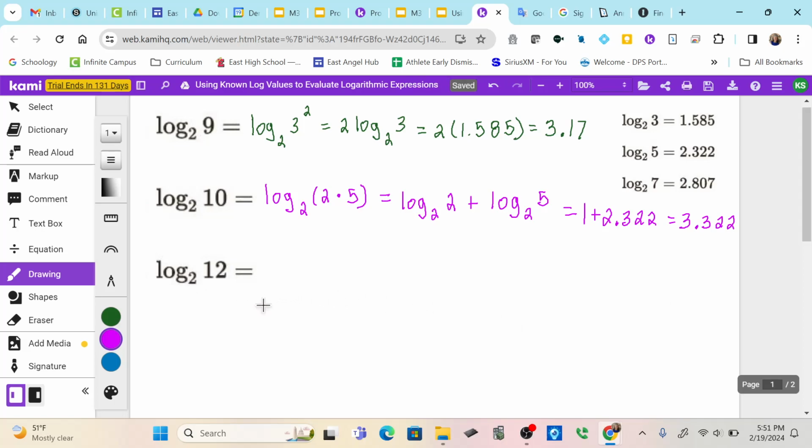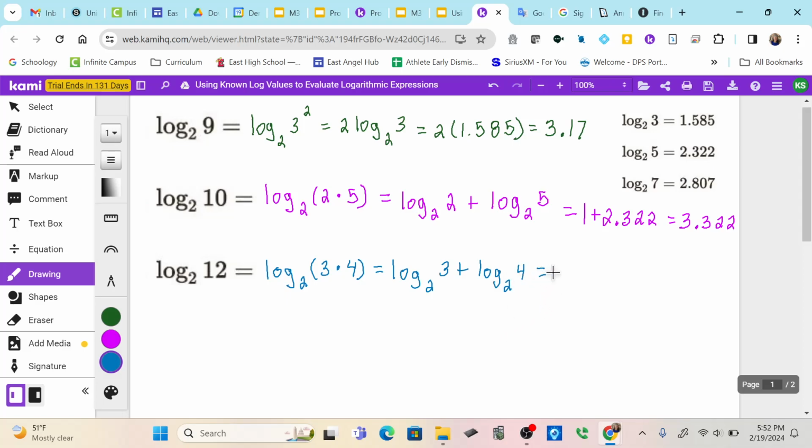Log base 2 of 12, well, 3 goes into 12 4 times. So I can write this as log base 2 of 3 times 4. I can then use that product rule again, log base 2 of 3 added to log base 2 of 4.